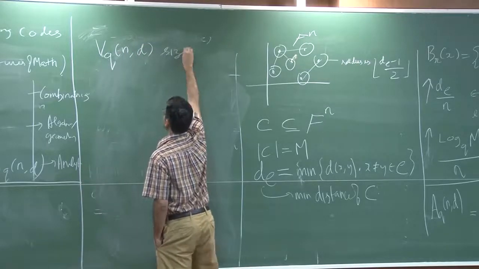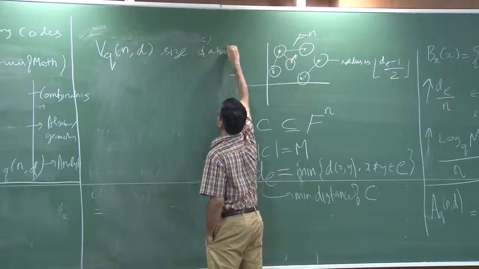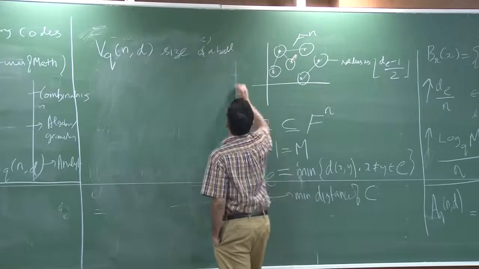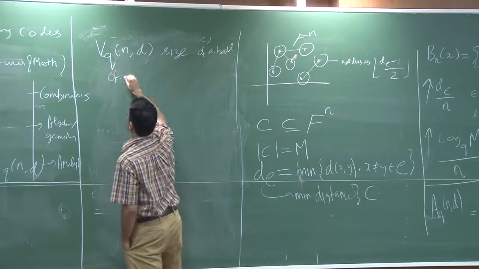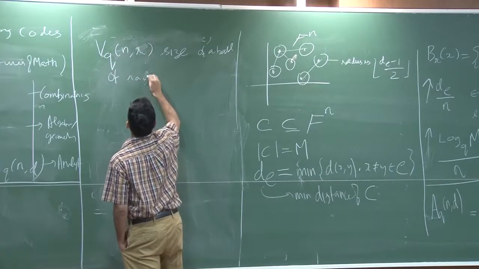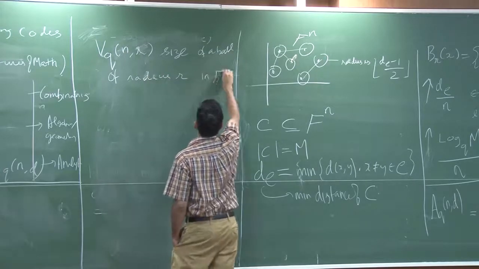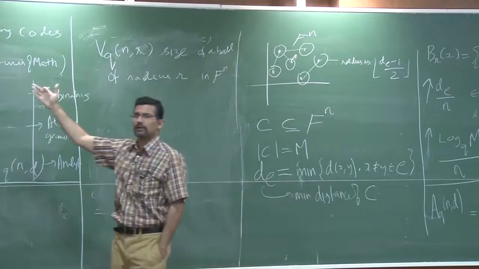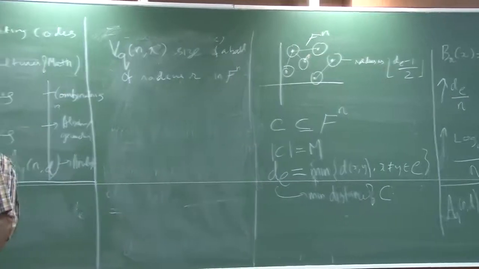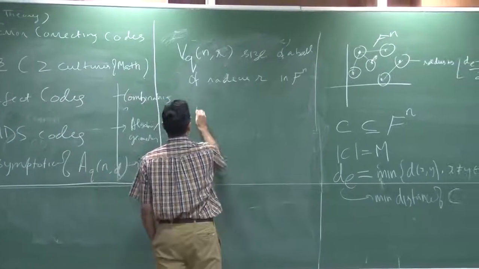Size, as in actual set size of a ball of radius r. We can actually give a nice combinatorial formula for it. So let me put something here.